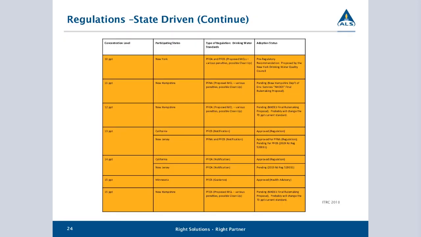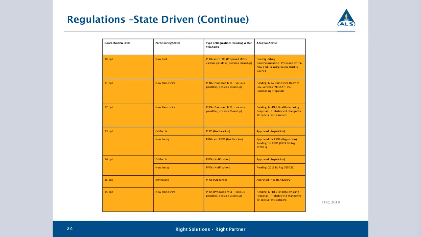And unfortunately, I couldn't get all of this onto one table, so it's going to be multiple slides. But here are just some of the types of regulations from state to state. So you have concentration levels, like the first one, New York, at 10 parts per trillion, which is well below the 70 parts per trillion health advisory limit, but only for PFOA and PFOS.